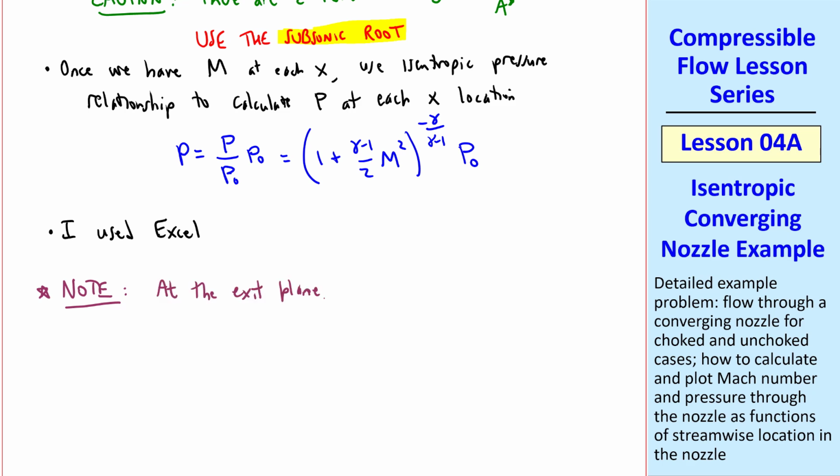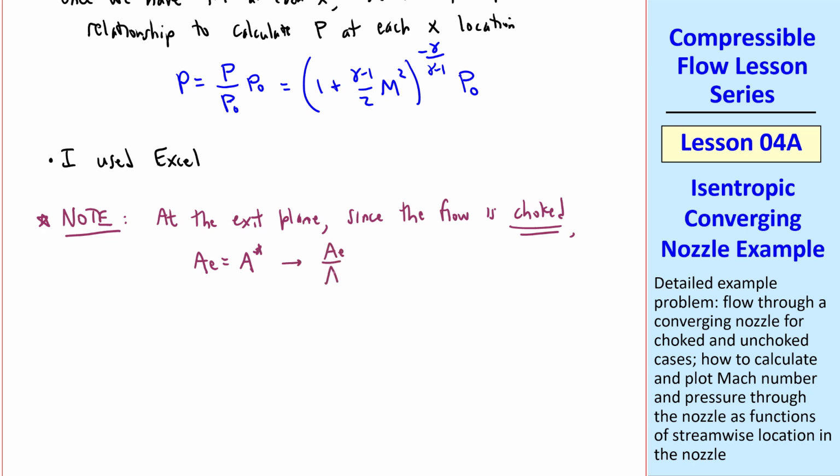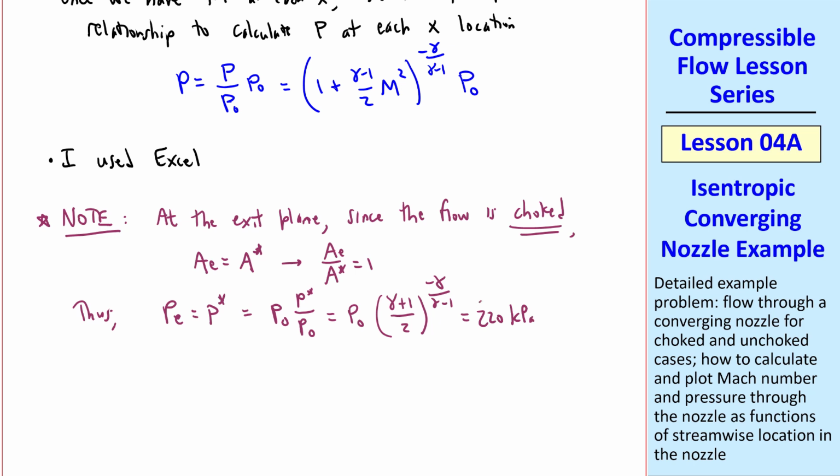One note here: at the exit plane, since the flow is choked, AE equals A star, or AE over A star is 1. Thus PE equals P star, and again using clever ratios, this is P naught times P star over P naught, and using this equation with Mach number equal 1 reduces to gamma plus 1 over 2, and then the same exponent, and we can plug in our P naught and 1.4 for gamma, which gives us PE equal 116.222 kPa, and ME, the Mach number at the exit plane, must be 1, since the flow is choked.